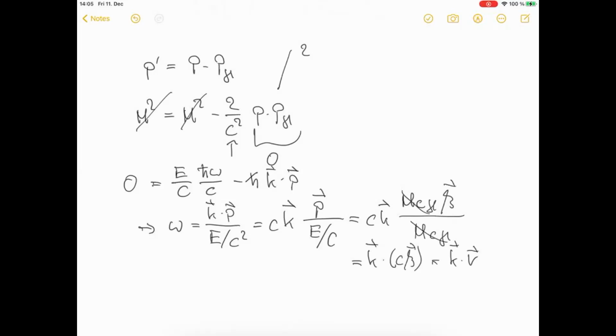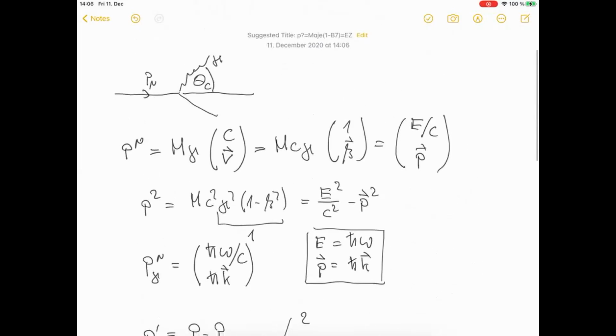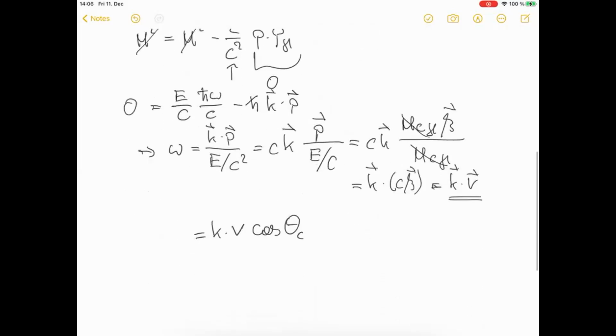It's interesting that the velocity appears here. I mean, it's important that the velocity appears here. These are still inner products. We can now write this as k times v, the magnitude, times cosine theta c. I give the angle an index c because Cherenkov was the first who derived these equations properly, albeit in a more realistic setting.